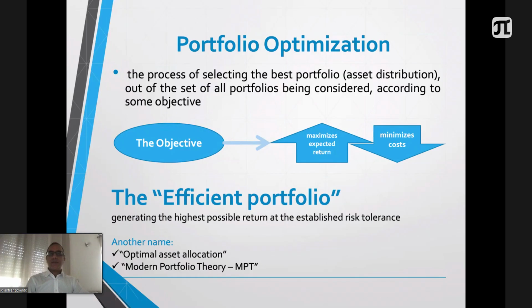What are the typical objectives that are interesting for investors? Investors typically want to maximize expected return and they want to minimize costs. So portfolio optimization is the process of selecting the best portfolio out of a set of all portfolios being considered according to some objectives.